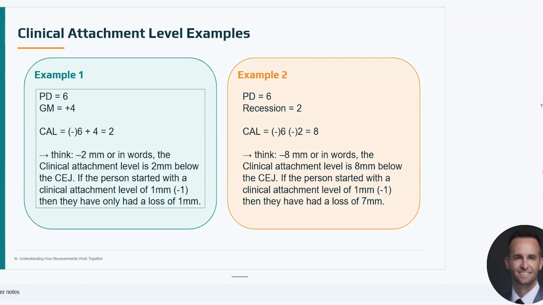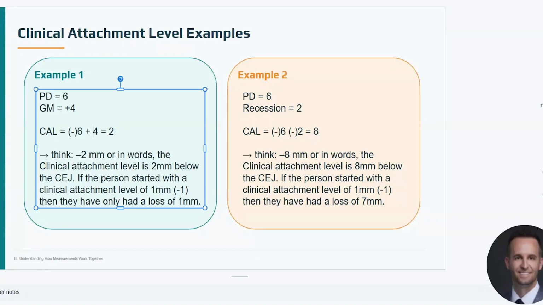A couple of examples. If we have a probing depth of 6 and a gingival margin of +4, meaning the gums come up 4 millimeters above the CEJ, and the probing depth goes down 6 millimeters into that pocket, then we're going to put our invisible negative sign in front of the 6.